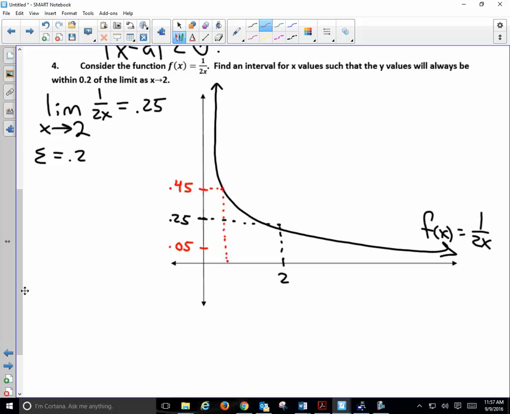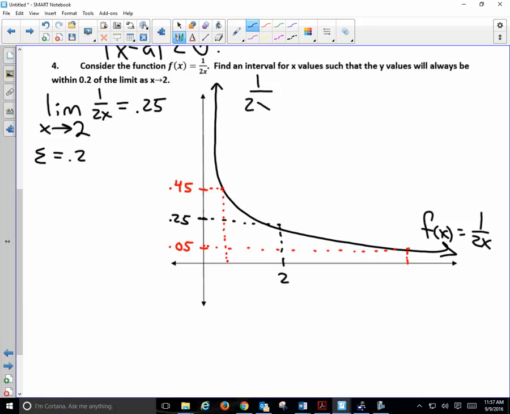So I'm going to draw those over. I want to find the input that gives me an output of 0.45. So what is the x value I would plug into the function that would get a value of 0.45? Do you know how we figure that out?